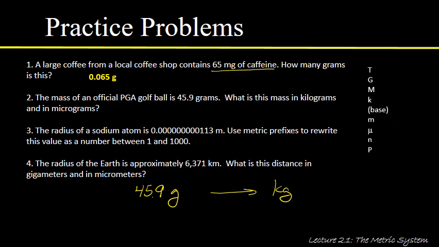So in this case, we're going from the base unit grams up 1 level to kilograms. And just like last time, if we move up 1, we've increased the value by 1,000 by virtue of having put that prefix there. So that means we've got to make the number itself smaller by a factor of 1,000. So therefore, this will be 0.0459 kilograms. Now, if we go in the other direction, it's also asking us what this is going to be in micrograms.